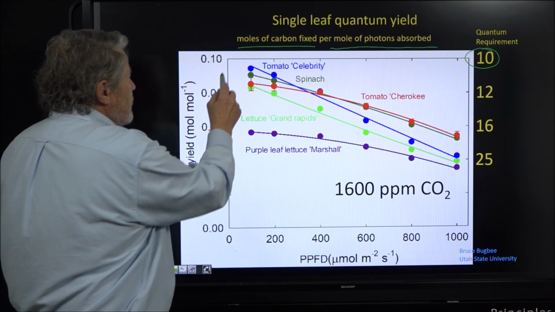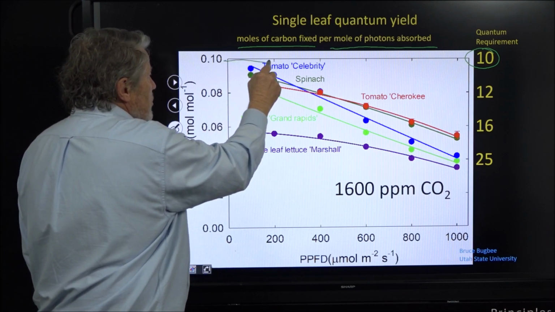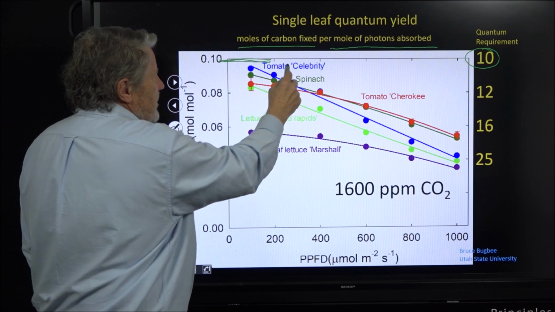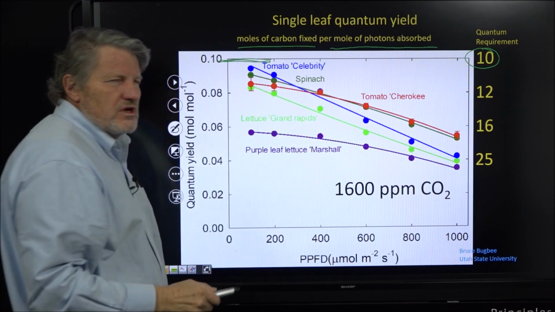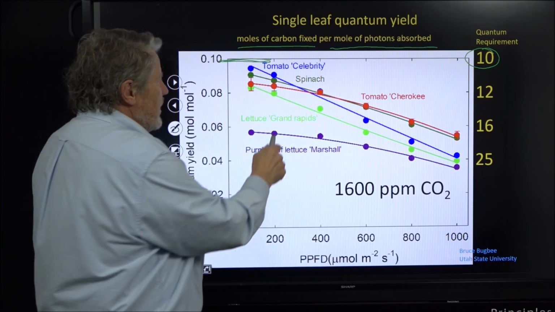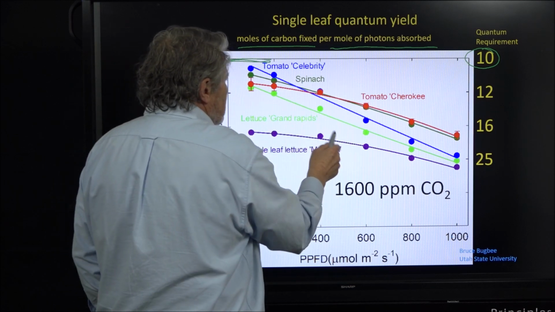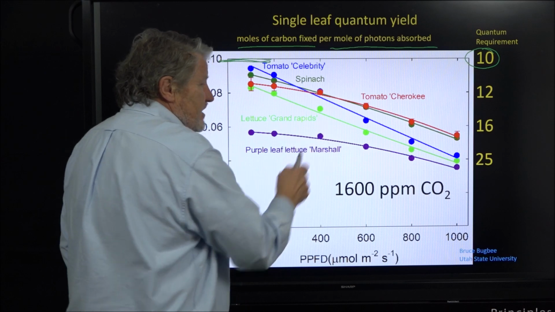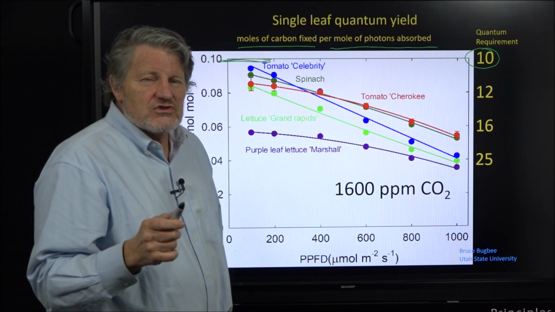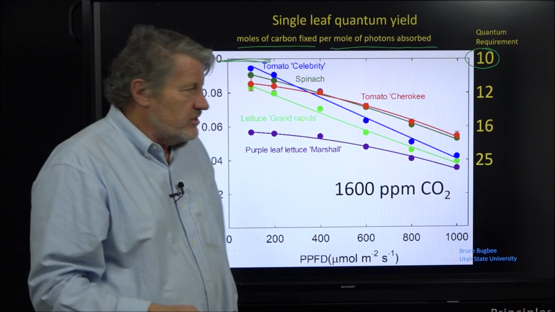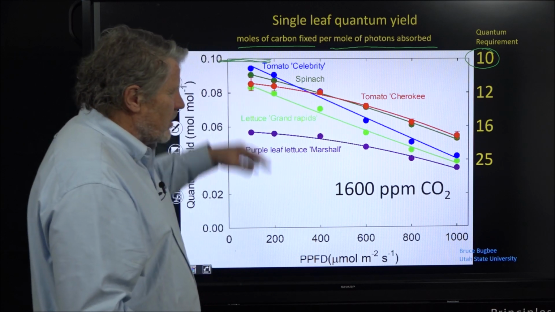So same thing, just different units. Now look at this. We can't quite get to 10, but we get close up here. The type of plant really doesn't matter as long as it's a nice green leaf. Tomatoes, spinach, a different kind of tomato. In this case, Grand Rapids leaf is quite a light yellow leaf, and it had a little bit lower quantum yield.